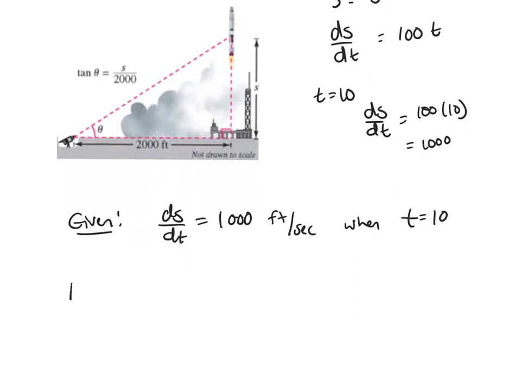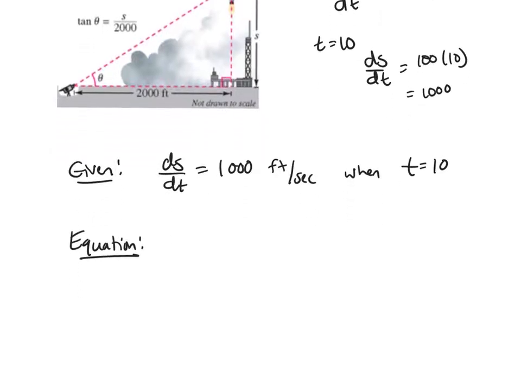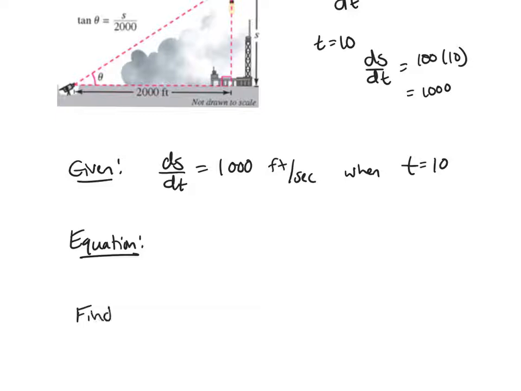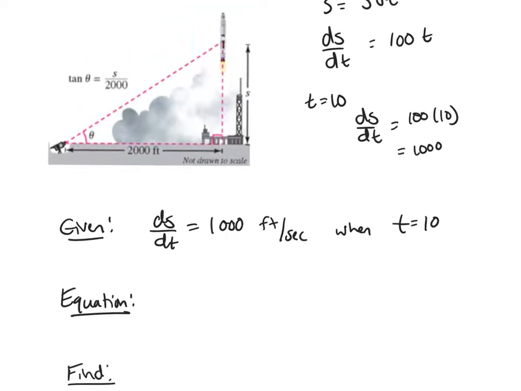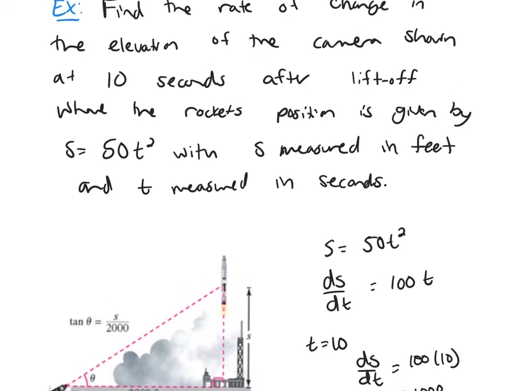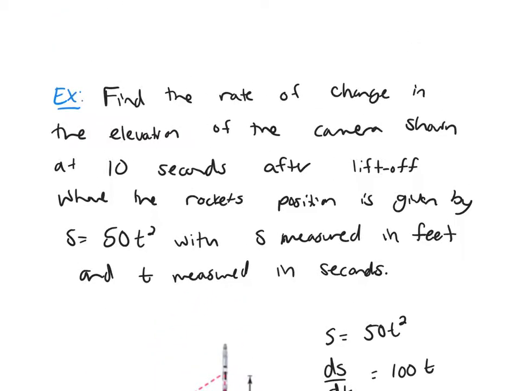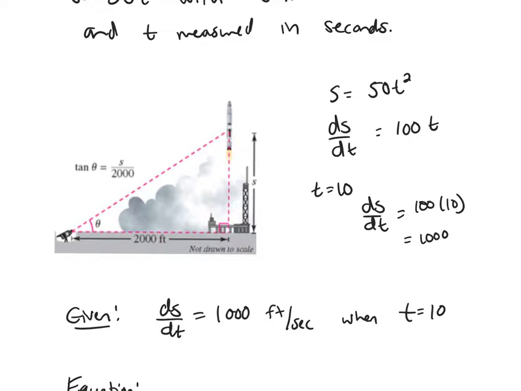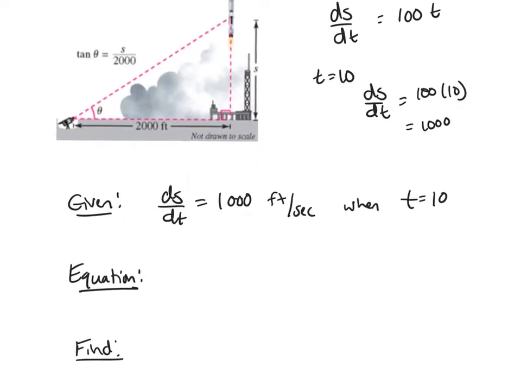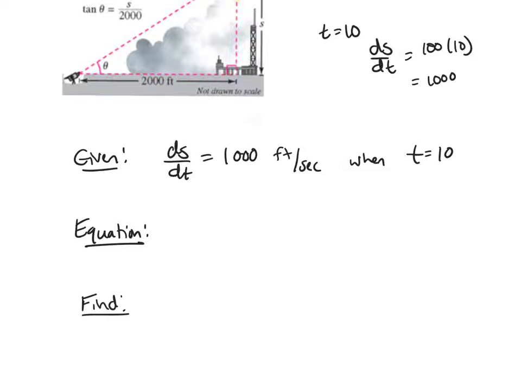And then I need to identify my equation and what I need to find. Well, let's start with what I need to find. If I look back, what am I asked to find? The rate of change in elevation of the camera. So I'm asked to find this theta. See in my picture, I'm asked to find d theta/dt when t equals 10 seconds.